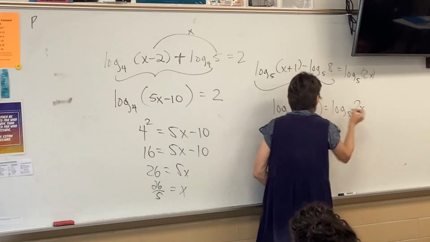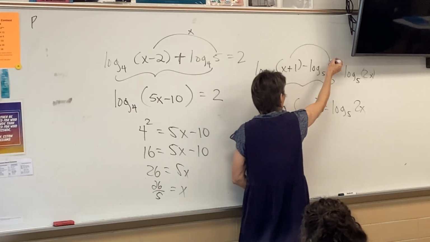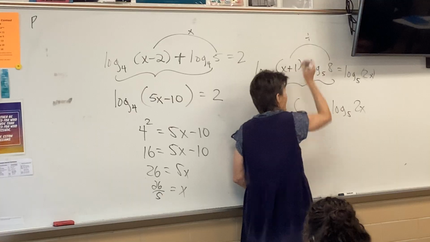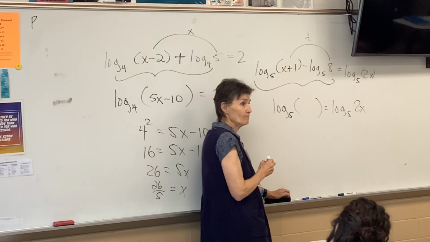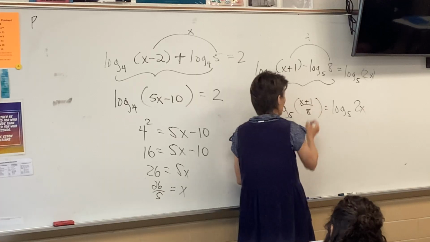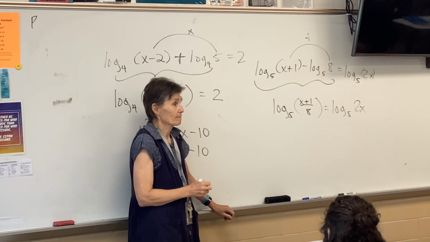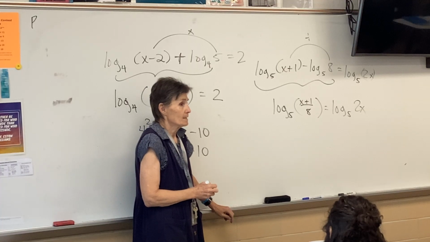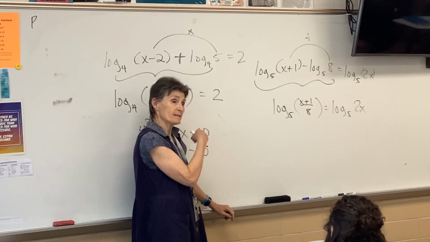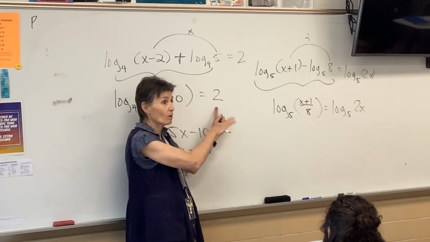Now, these guys are going to go together as a division. So this is going to be x plus 1 over 8. That problem looks different than the last one because that one had a plain number on one side.